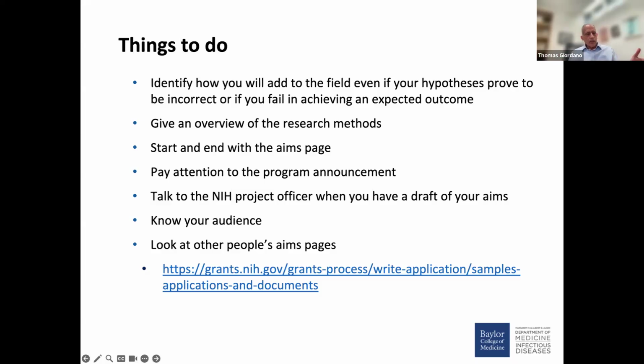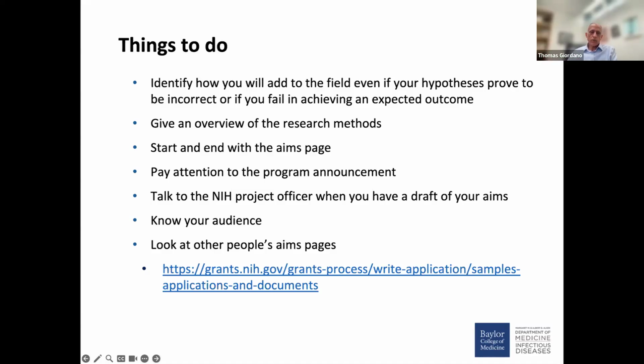What I mean by that is this cyclical process of writing it. Draft an aims page and then toss it around, get input, start working on the rest of it, and then you'll go back to the aims page to refine it. And then you'll work on the rest of it. And then you'll go back. As you may start getting deep in the weeds of the analysis plan and the sample size and realize, oh my God, I need 600 patients to prove this hypothesis.